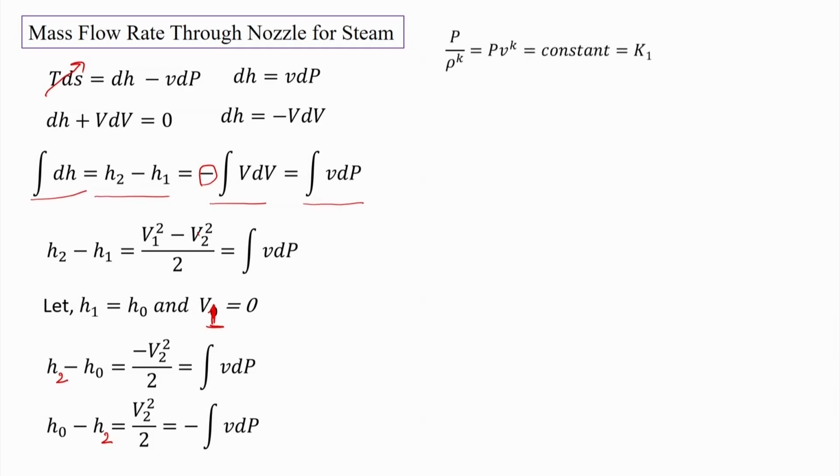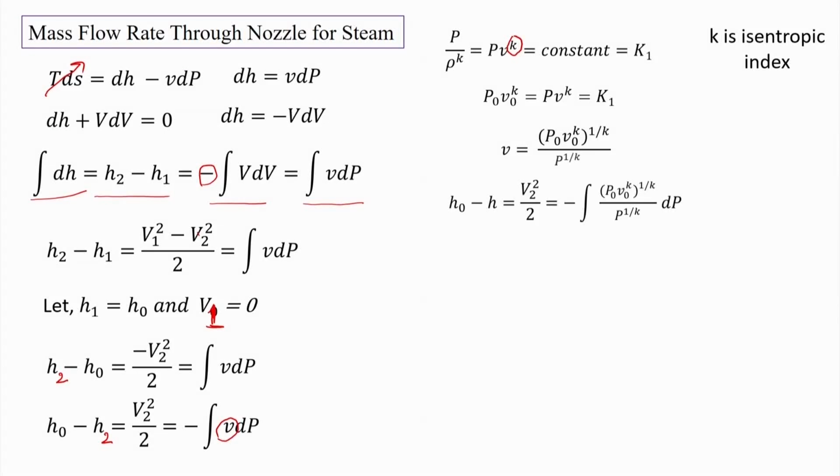But we know PV raised to gamma is equal to constant, or P upon rho raised to gamma is equal to constant, and let that constant be K1, where K is the isentropic index for steam. So we have P0 V0 raised to K is equal to PV raised to K is equal to constant. So V can be replaced by P0 V0 raised to K, bracket raised to 1 by K, divided by P raised to 1 by K.